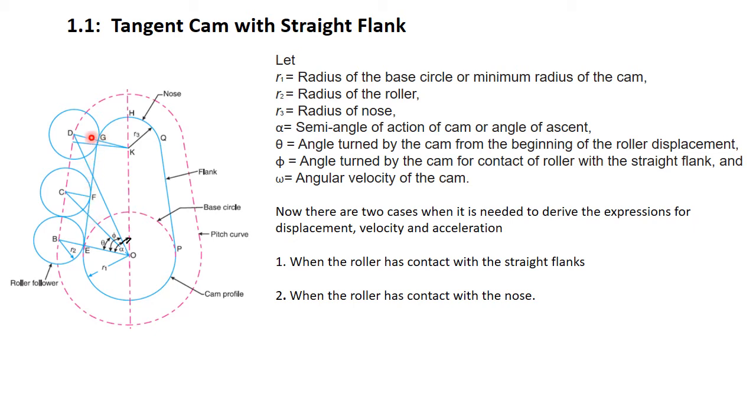So the angle subtended is nothing but the angle between OB and OD. So this is zero displacement, and total displacement is nothing but equal to OD minus OB. Clear? Therefore this angle between OB and OD is called flank phi here. Okay. Then omega is the angular velocity of cam.